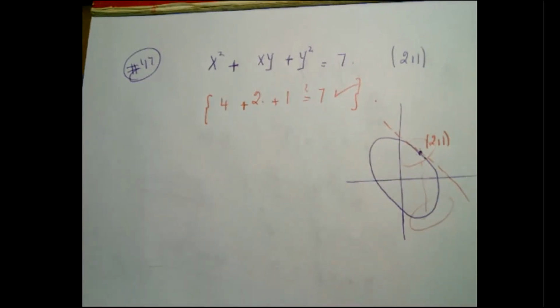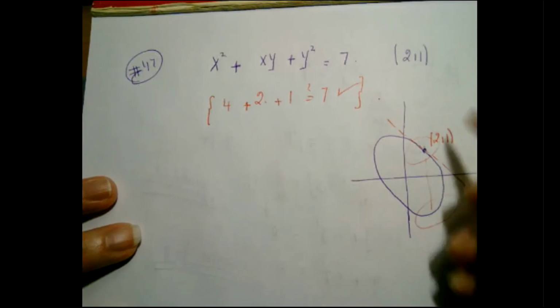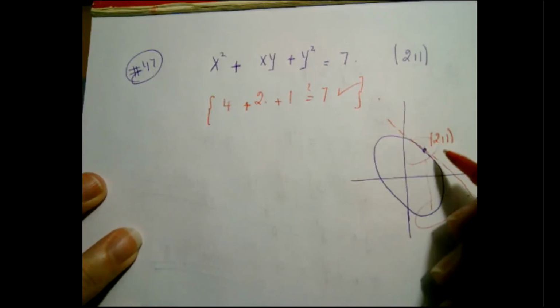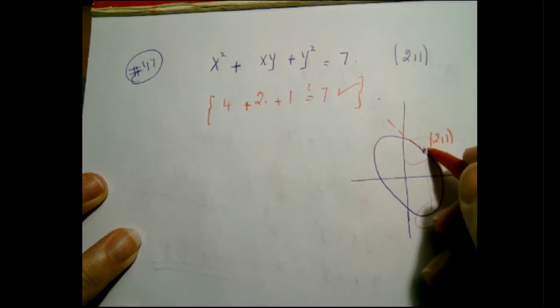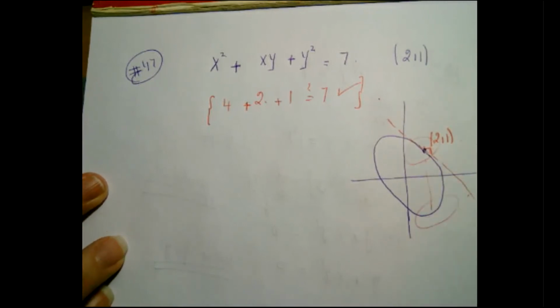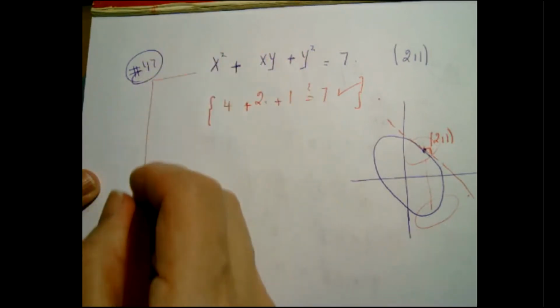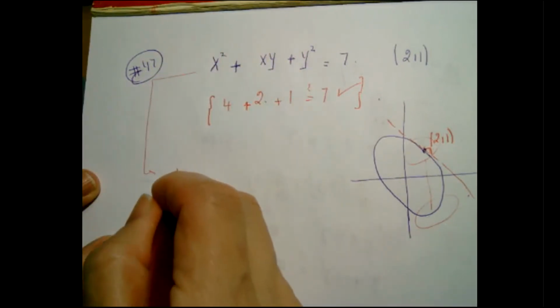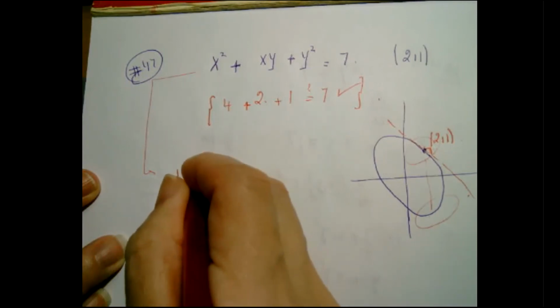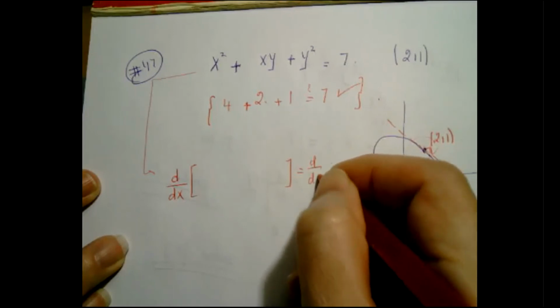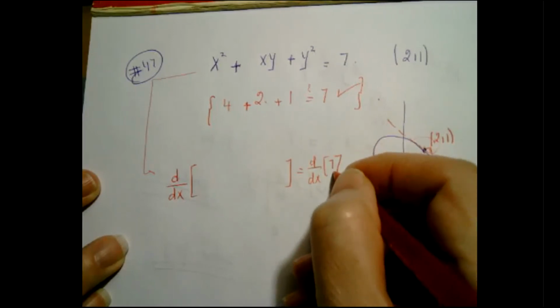So we're going to find the derivative so I can find the slope of this line. Once I have the slope, I know the point. So what's the derivative? How do we do that? We take this expression and say the derivative with respect to x of this is the derivative with respect to x of that.